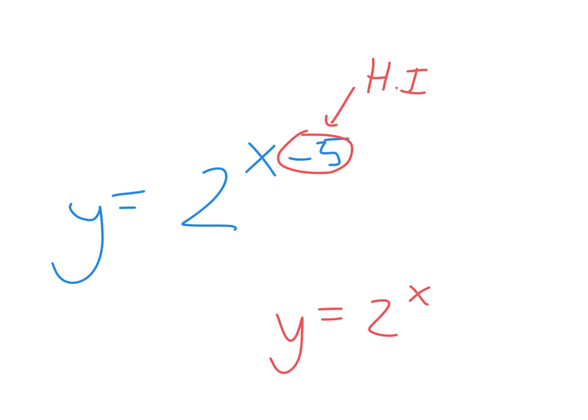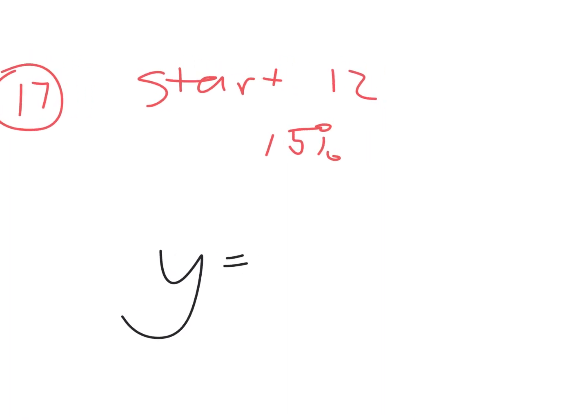Christian, would you read me number 17? If an exponential situation has the starting value of 12 and grows at 15%, write an exponential equation that represents this situation. All right, I'm going to make one that's not your answer because I want you to do yours.